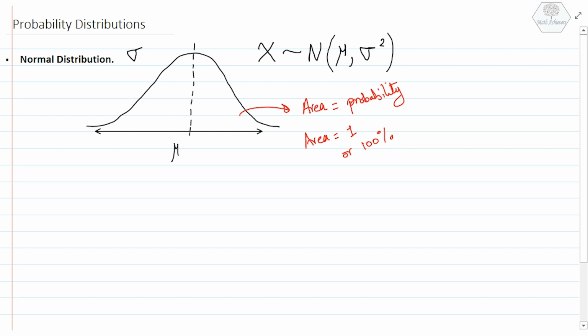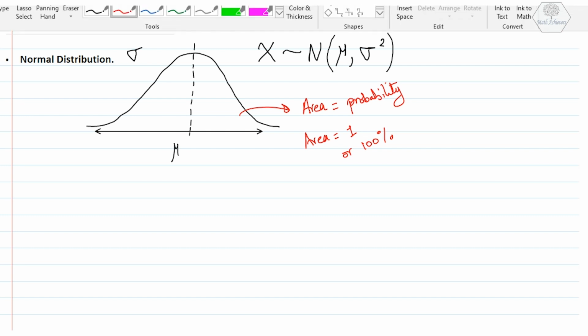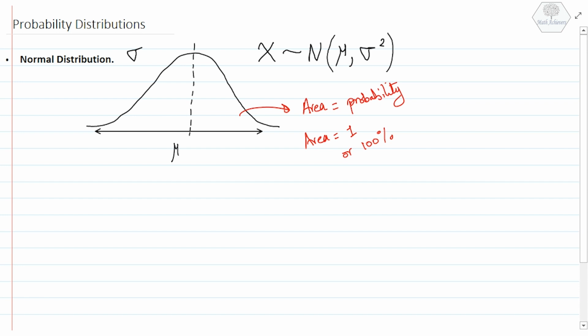The second thing is that the normal distribution curve is always symmetrical, which means the area on the left-hand side of the mean represents 50%, or a probability of 0.5. I have the mean at the middle and the standard deviation, which takes me away from the mean. These are the main characteristics you always have to understand about the normally distributed curve.